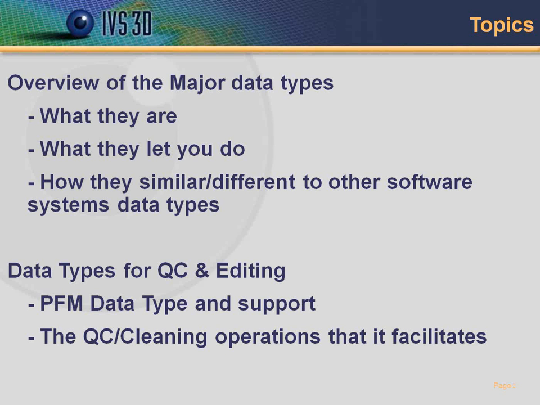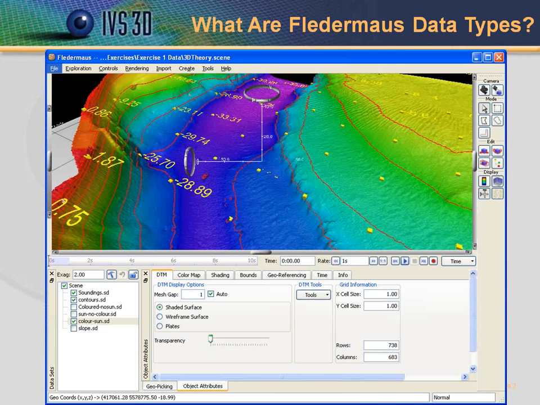So when I talk about Fledermaus data types, if you have a typical Fledermaus scene, it's this area in the lower left corner where you have your data sets. In Fledermaus, it'll always have a scene one, and then you'll have one or more different data types underneath it.